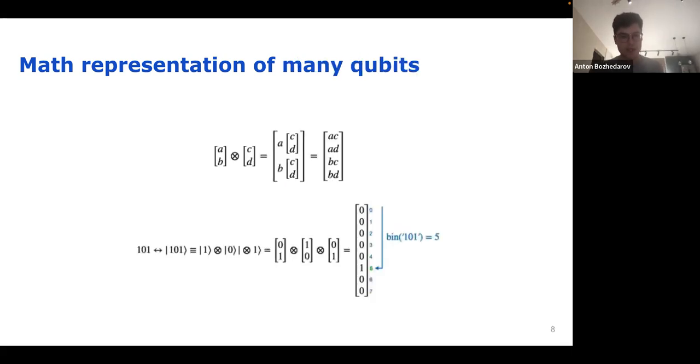When we talk about many qubits, a very useful mathematical tool is the Kronecker product, or tensor product, of vectors. Here you can see how it works with just a 2-qubit representation. For a 3-qubit representation, it looks the same.